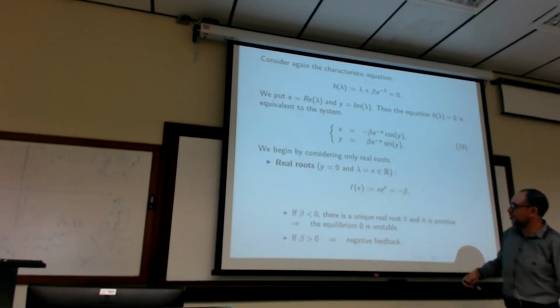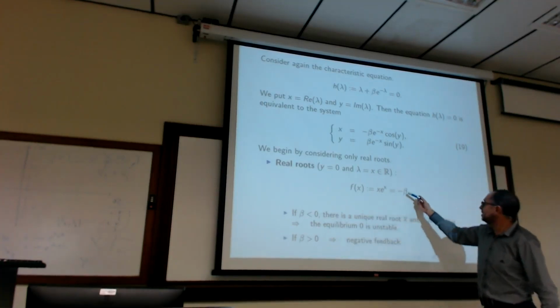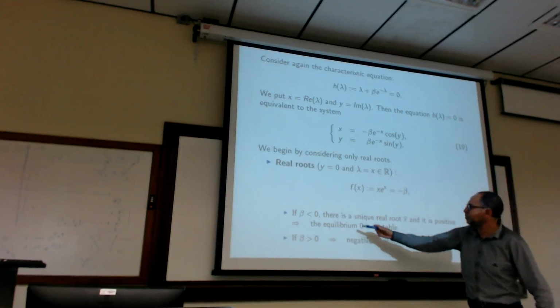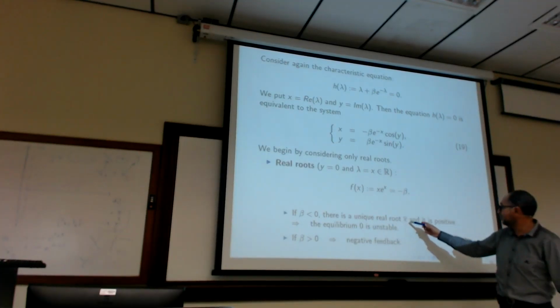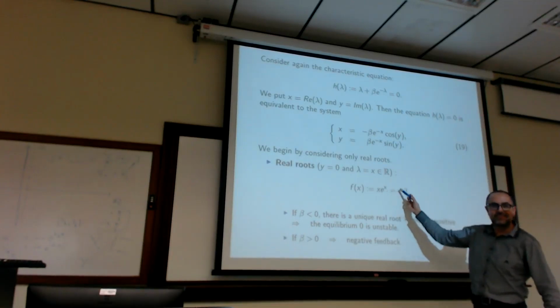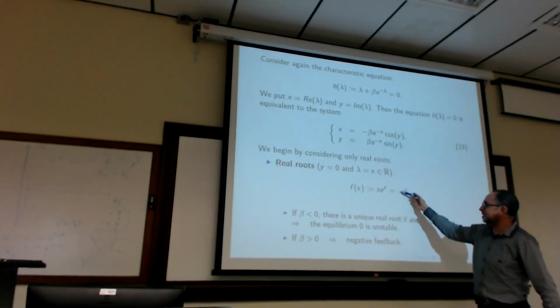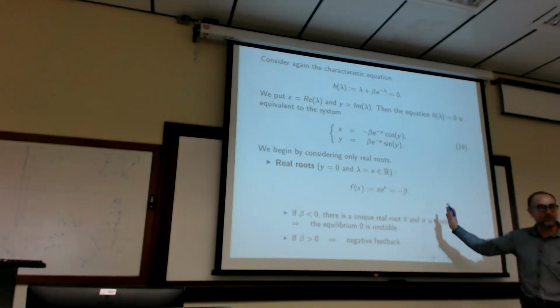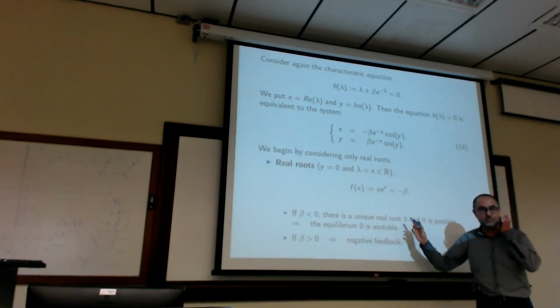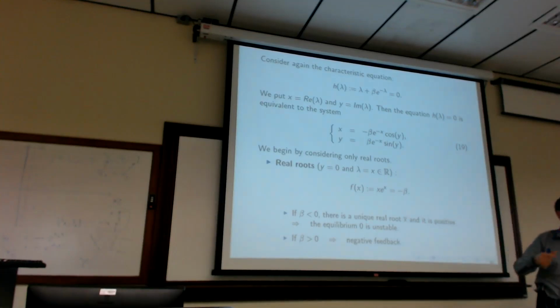This we know the behavior. If beta is negative, that means this is positive, so there is a unique real root, and it is positive. Here we stop. That means the equilibrium is unstable because we find a positive eigenvalue.